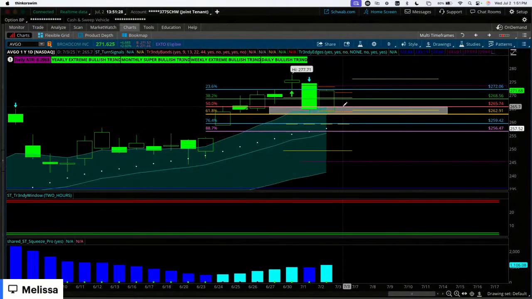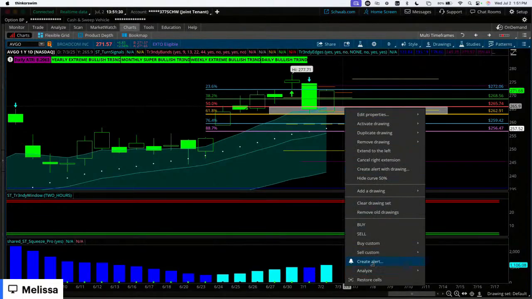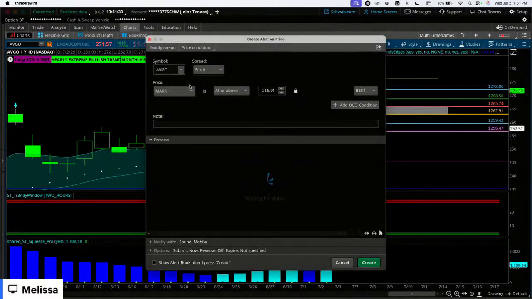And then what I would do is create an alert here. At or below because price would need to pull back. And then in the note, I'm going to write golden pocket. Okay.